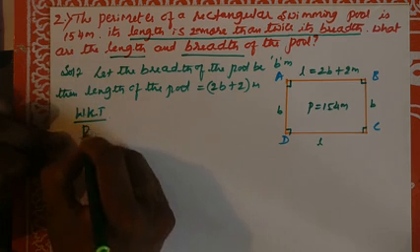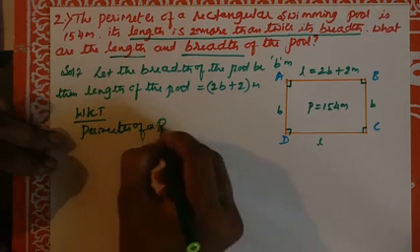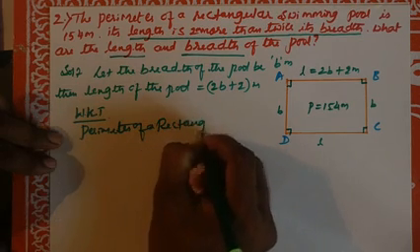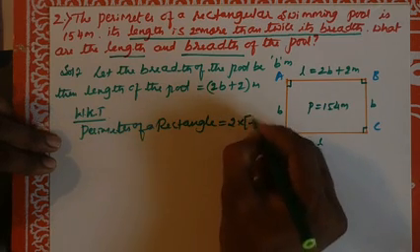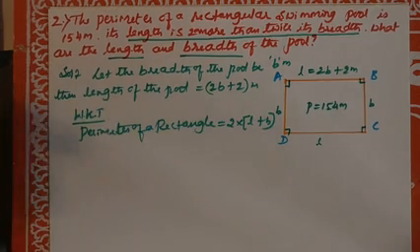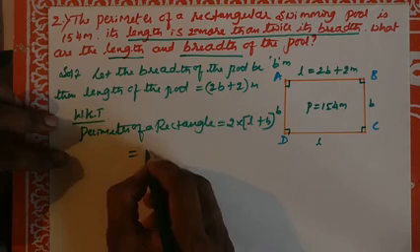what is the perimeter of a rectangle? Perimeter of a rectangle is equal to 2 into (l plus b) units.